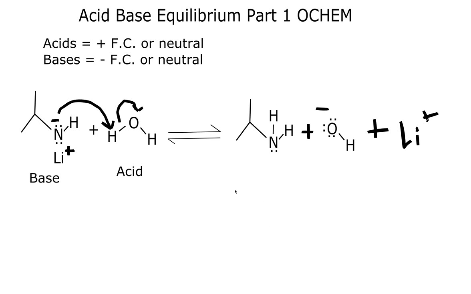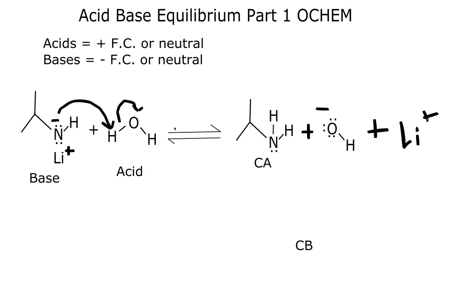So which side is favored? Well, we need to figure out what is our conjugate acid. I'll write CA for conjugate acid and CB for conjugate base. So our conjugate acid is the molecule that gained a proton. So this molecule right here gained a proton. So that is our conjugate acid.